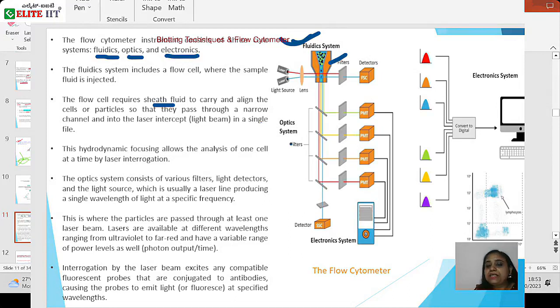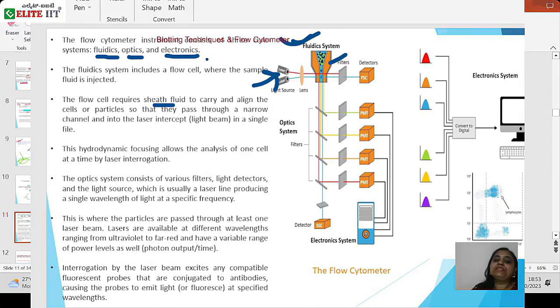Now the second part is the optic system. Several filters are added here, and along with that you have to add the laser beam light, which is also present in this flow cytometer.